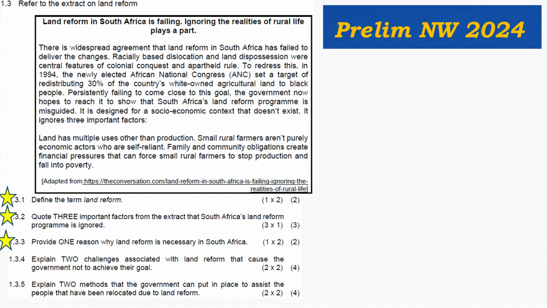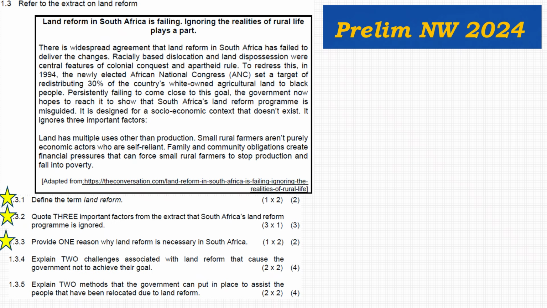Here's another past paper activity from a prelim from Northwest in 2024. There's an extract on land reform. It says there is a widespread agreement that land reform in South Africa has failed to deliver the changes. Racially based dislocation and land dispossession were central features of colonial conquest and apartheid rule.